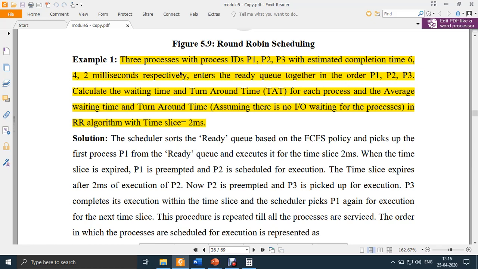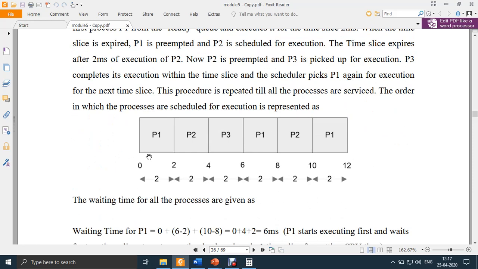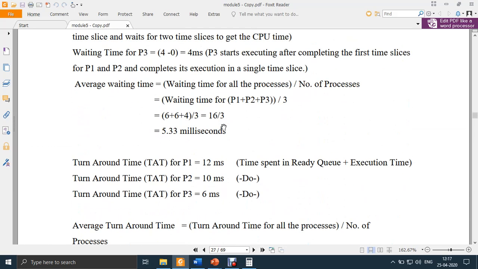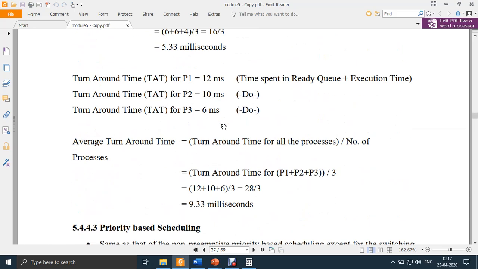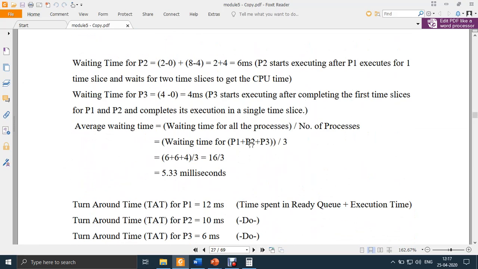And service time of P3 is 2 again. So time slot is the same, 2 milliseconds. Just apply the same concept again and see whether you get this schedule that is in the notes, and you get these values for waiting time and average waiting time, turnaround time and average turnaround time. Okay, try this.